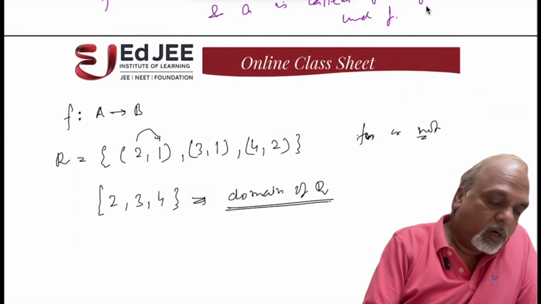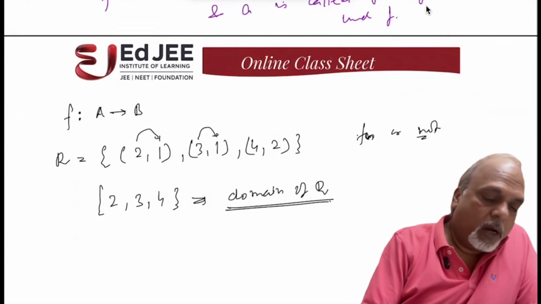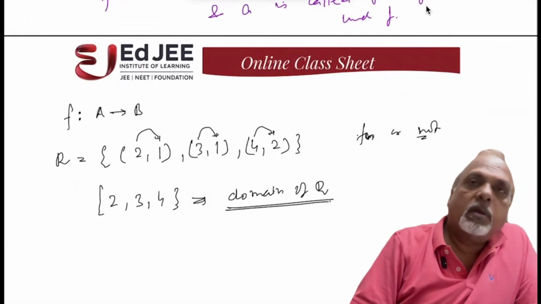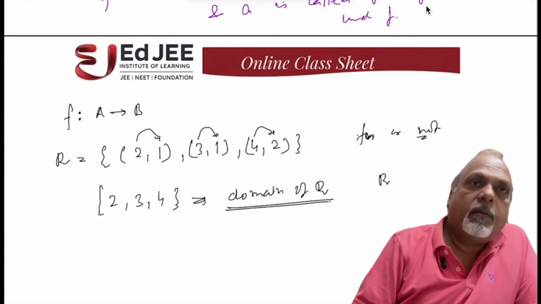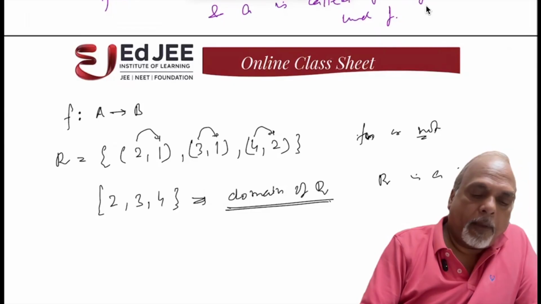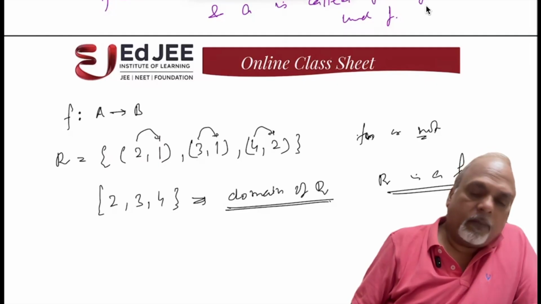Then 3 has got a unique image and 4 has got a unique image. So that means R is a function. Correct.